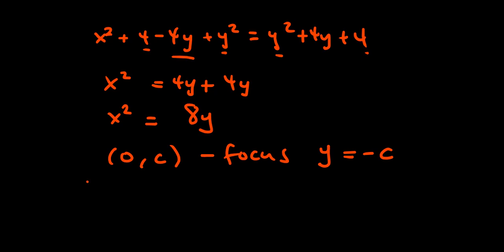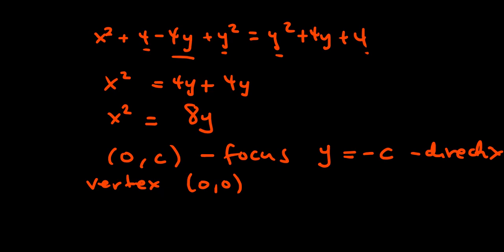So with the vertex at (0, 0), the focus as (0, c), and y = -c as my directrix, that line there, with the midpoint or the vertex being (0, 0).